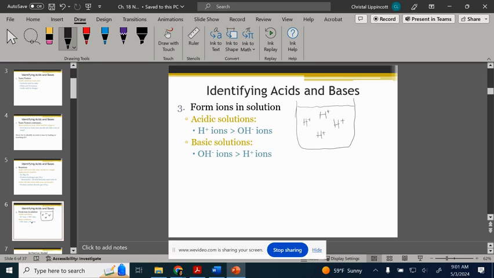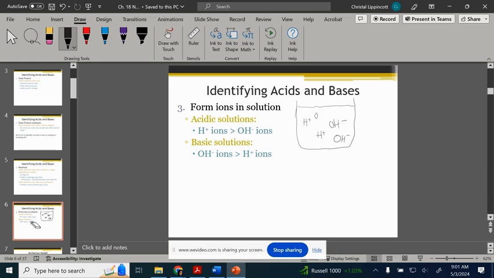And if you have more hydrogen ions floating around than you have hydroxide ions, then you've got an acidic solution. You could also swing the other direction. You could end up having more hydroxide ions than you have hydrogen ions, and then you would have a basic solution.